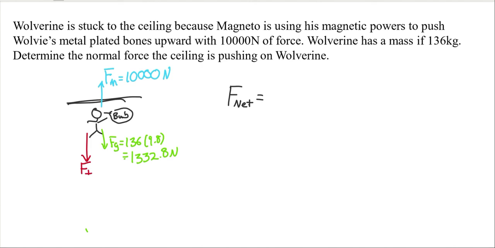Let's take a look here. Is Wolverine accelerating right now? Oh, no. He's stuck. That means the acceleration of this situation is equal to 0. That means we have a balanced set of forces. So that means our magnetic force will be the same size as all the forces working against it, the normal force and the gravity force, because our net force is going to be 0.